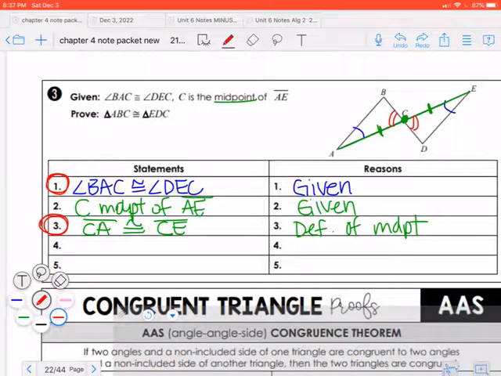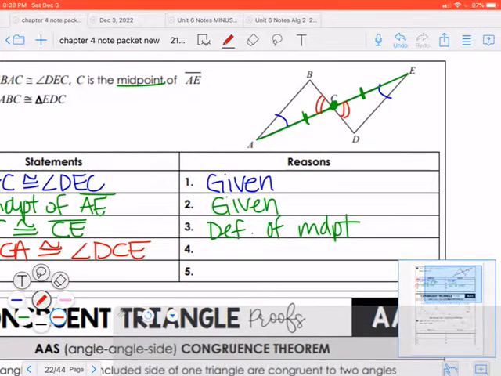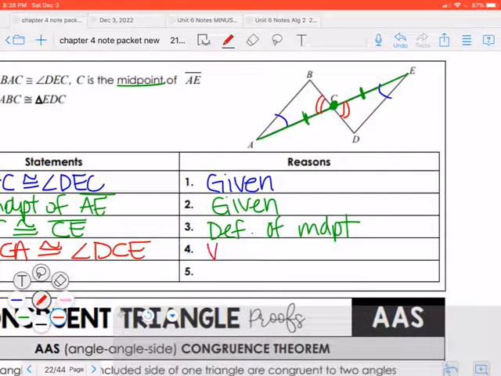The triangle on the left, angle BCA, is congruent to, I'm going to keep my letters in proper order, angle DCE. And the reason is because they are vertical angles, and that's one of our reasons that we can use. Vertical angles are congruent.